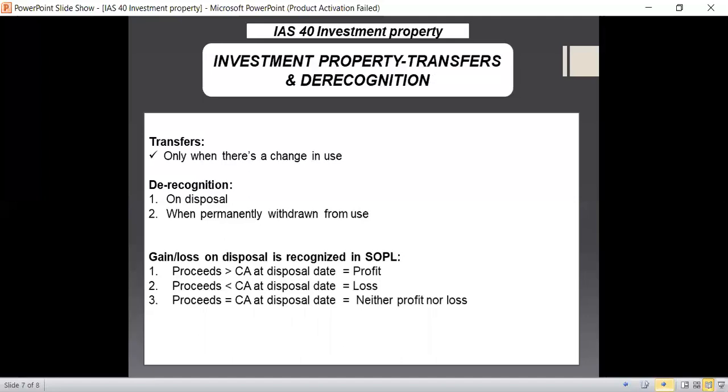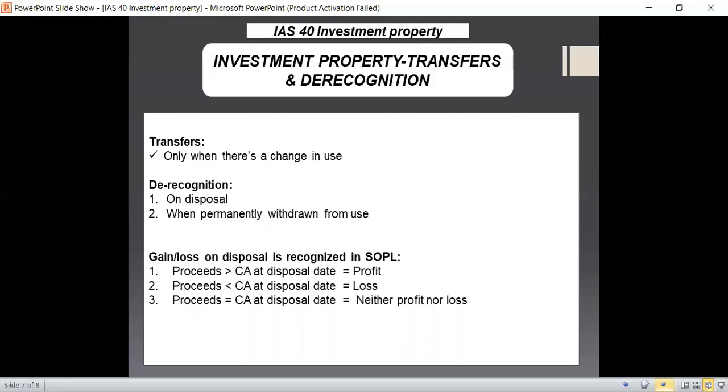For example, if you started using a building for your own use which was previously given for rental, then obviously we should start using IAS 16 property, plant and equipment, because the conditions to recognize it as an investment property are not being met now. We are not using the asset for capital appreciation or for rental purposes or for both. Because the conditions for IAS 16 are now satisfied, we have to transfer it to property, plant and equipment.